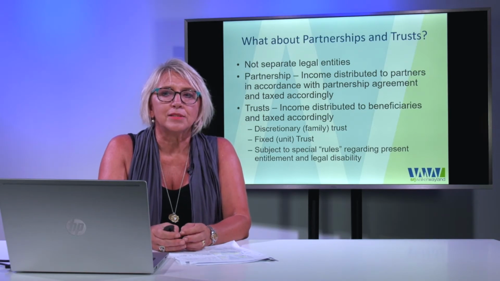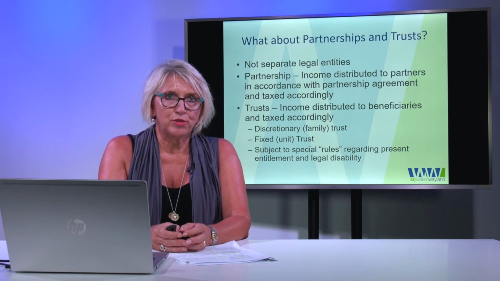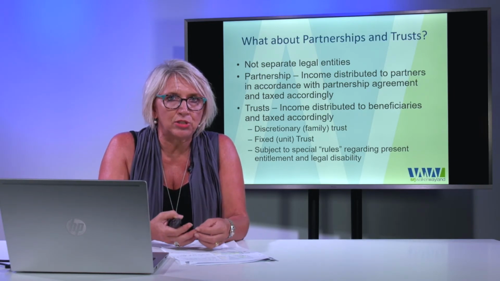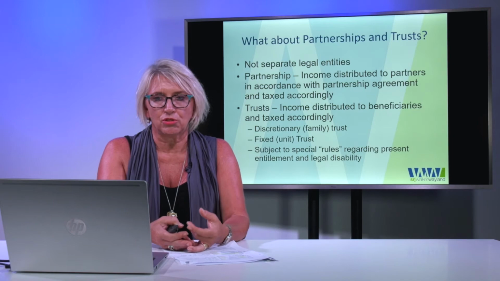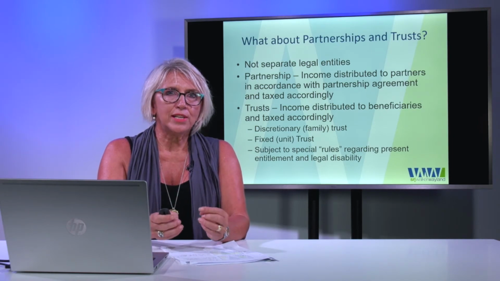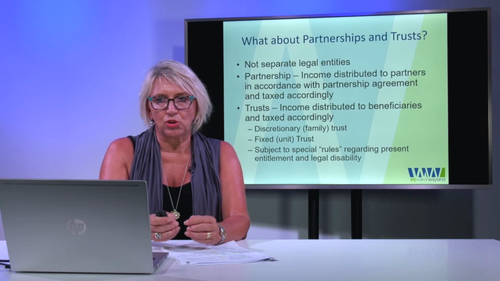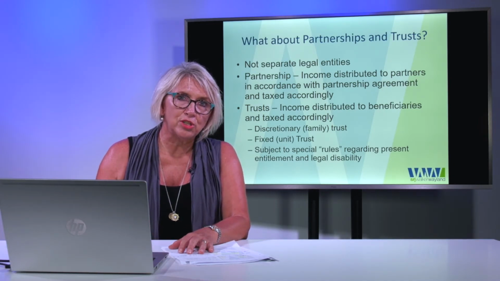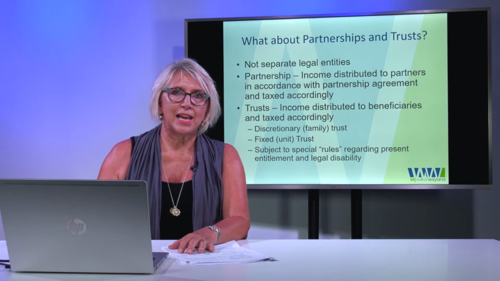If you're in a trust, there are different types of trusts. We have discretionary, or what we commonly refer to as family trusts, and we have fixed unit trusts. In a trust situation, the income is distributed in accordance with the trust deed to the beneficiaries nominated in that trust deed and taxed accordingly.